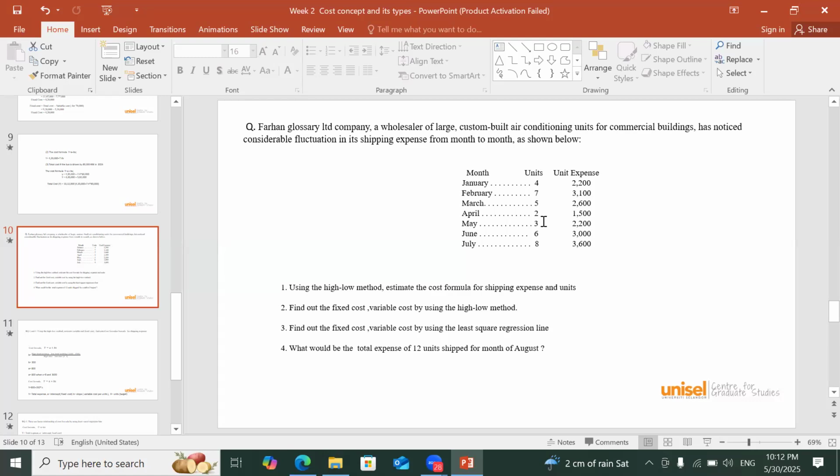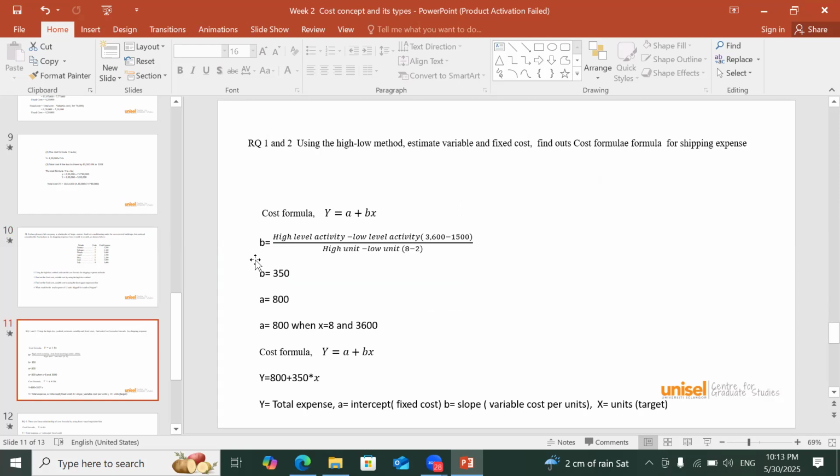I think the high unit is 7 and the high cost 3,100. Sir, I think the high unit is month 8, July. Sorry, the high unit and cost are both 8. Yes, 8. And low is 2, April, low 2 and 1,500. So I take the high and low, high unit and low unit.